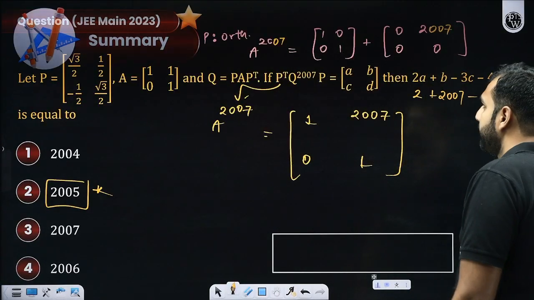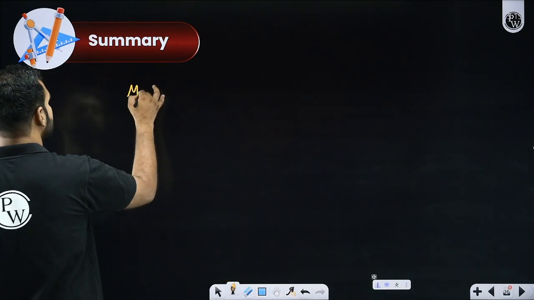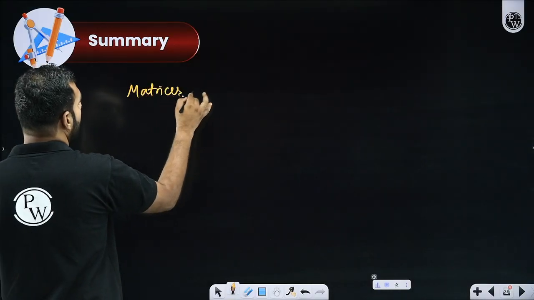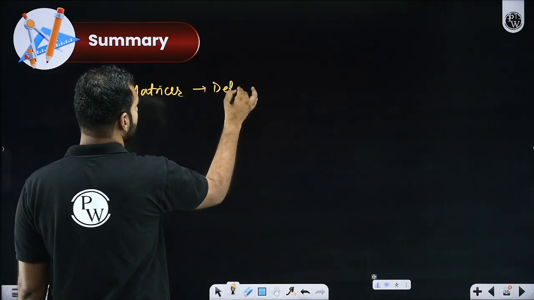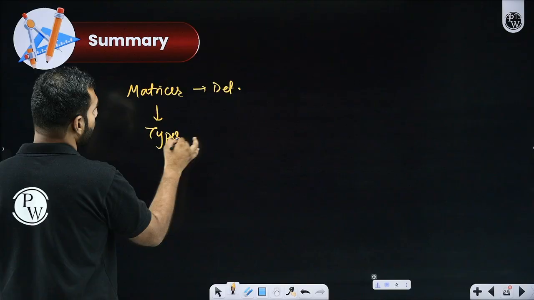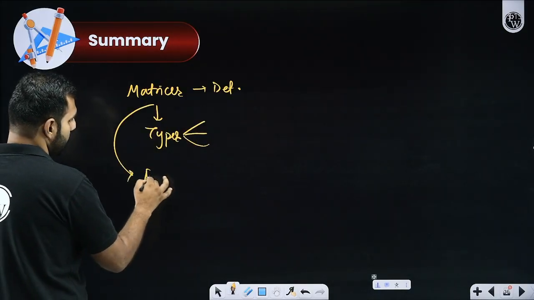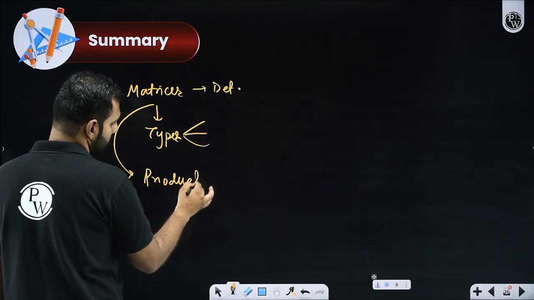Now, I think I am done with this chapter. If I could give you the summary, we started with matrices. I hope you know how they are different from determinants, first of all. Then we discussed different types of matrices. Then we talked about different operations and the product of matrices. Please don't forget that.